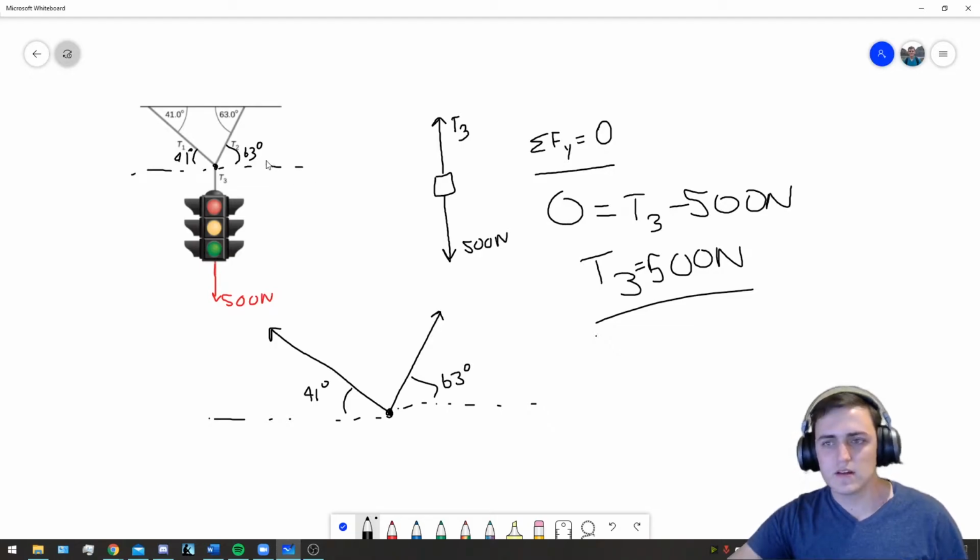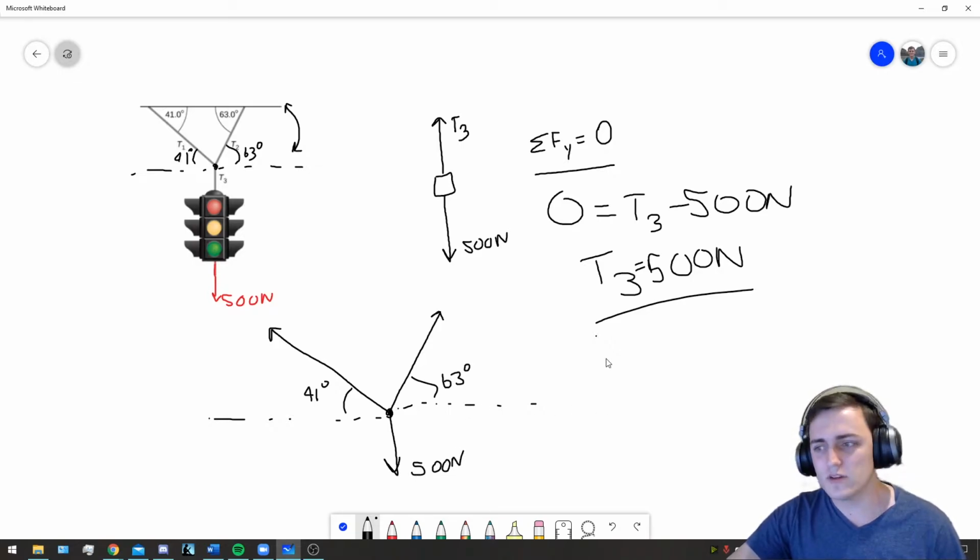Because these two lines here are parallel, from geometry we were able to make sure that those two angles were equal. And that makes drawing this free body diagram just a little simpler.